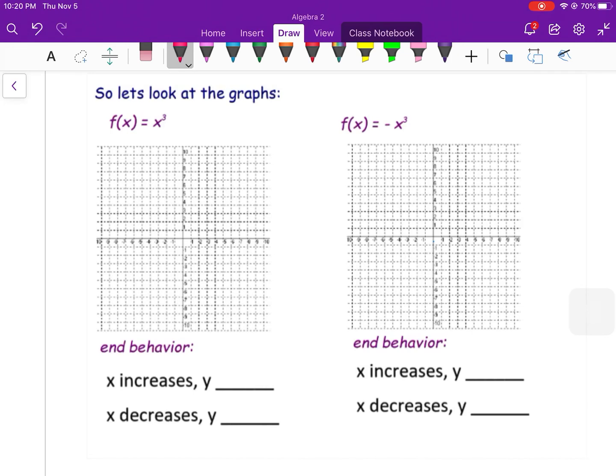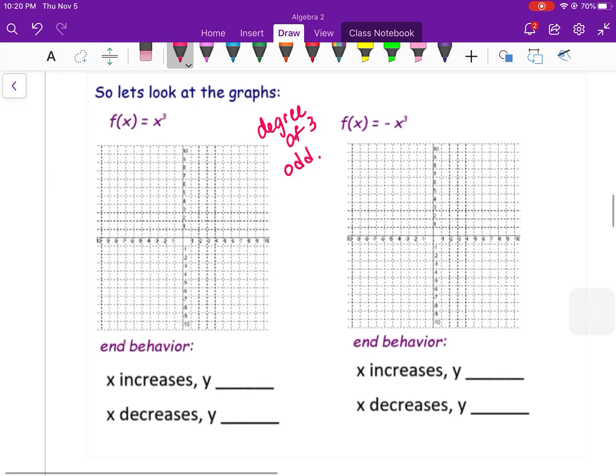So let's look at this one. This one has x cubed and negative x cubed, which are a degree of 3, which is an odd number. So it is an odd function, an odd degree. So x cubed, let's just think about what it might look like to graph this.